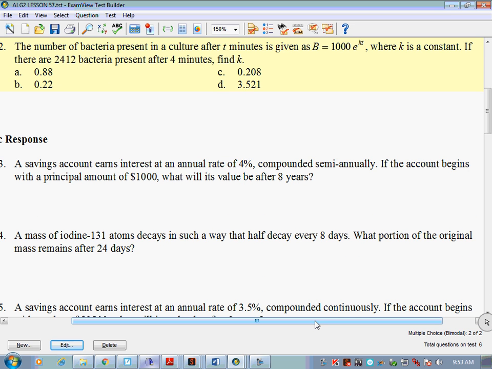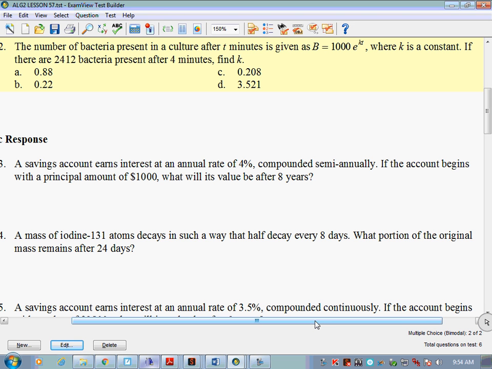All right, let's look at number 2. The number of bacteria present in a culture after t minutes is given as B, for bacteria, equals 1,000 e to the kt, where k is a constant. If there are 2,412 bacteria present after 4 minutes, find k. One of the things I've written down next to this question is example number 3.